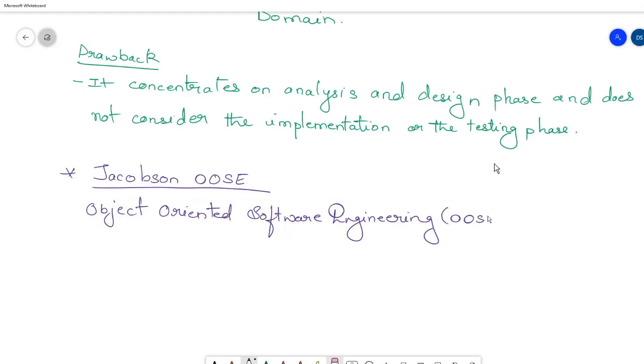It is a software design technique that is used in software design in object-oriented programming. So we can say that it is one of the software designing techniques used for software designing in OOP, that is, object-oriented programming.